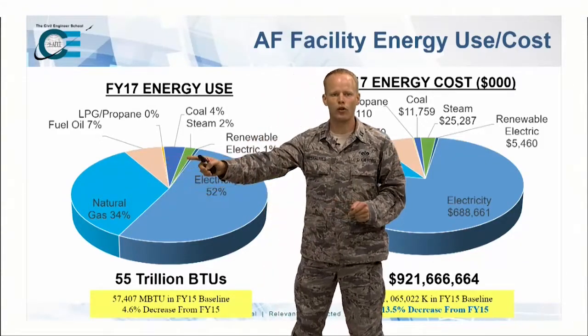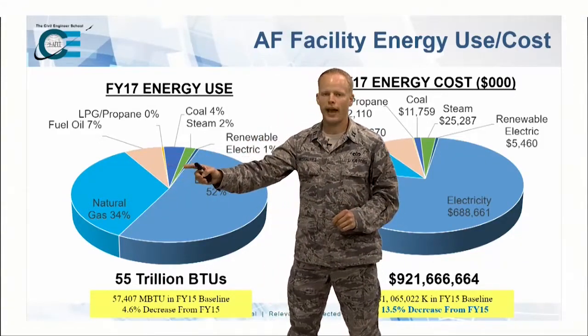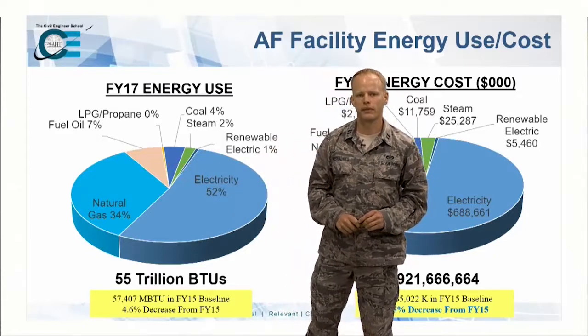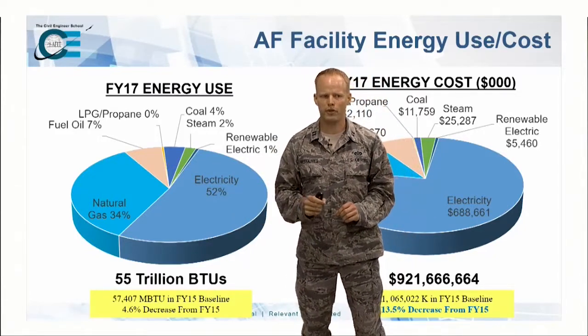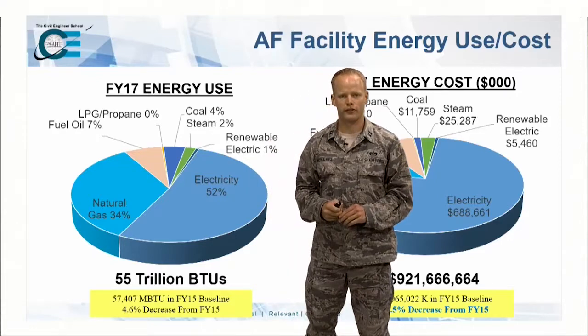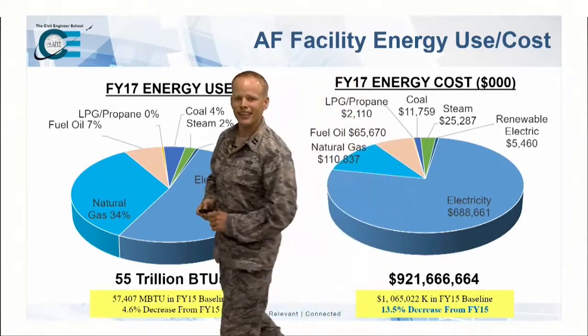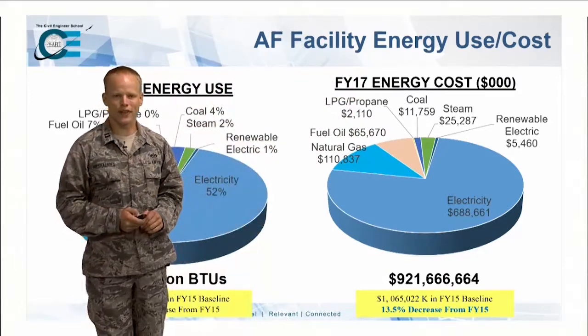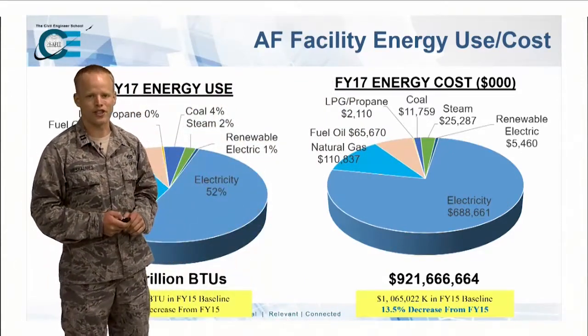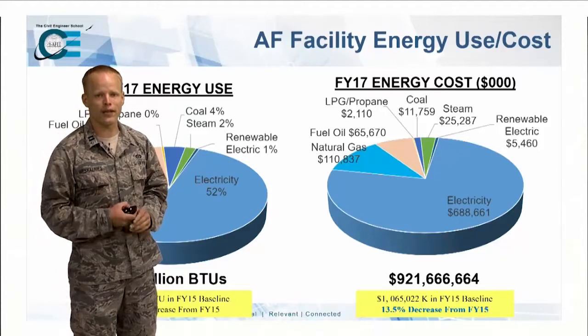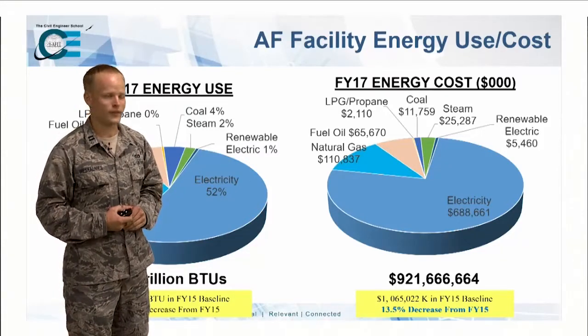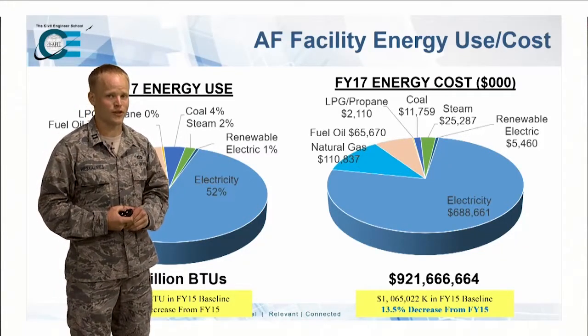And then we have coal, where we have a coal plant here at Wright-Patterson. Renewable electricity, only 1%. But the cost of electricity is much greater than 50% of our energy usage. And this is roughly $1 billion of energy that we use every year.